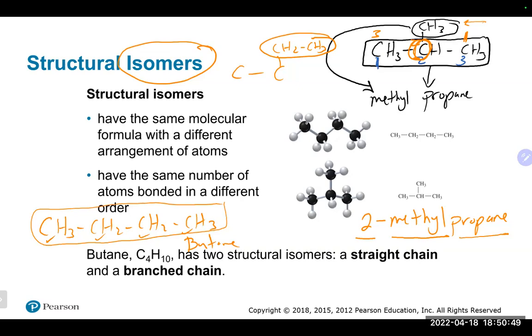You want to give the group the appropriate name by dropping the ANE and putting the YL. You want to number the longest chain in your box, one way or the other. The way you determine which way to number is whichever way gives the group the smaller number.